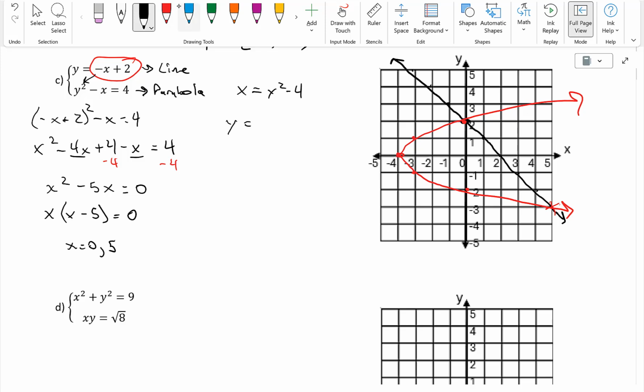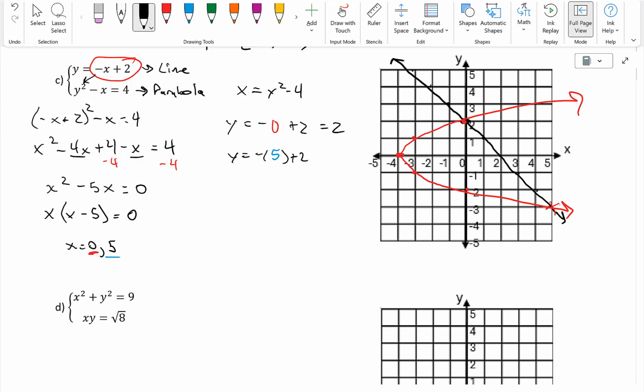So y equals, for my first one, I'm going to sub in 0. So I've got minus 0 plus 2, which is just 2 for y. So if x is 0, y is 2. And for the second one, I've got y equals minus, just a 5 there. Some of those parentheses don't really matter still.